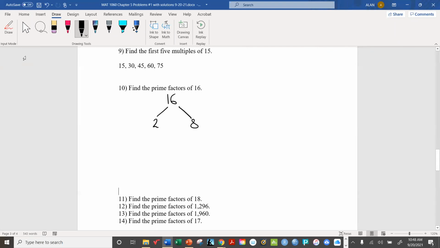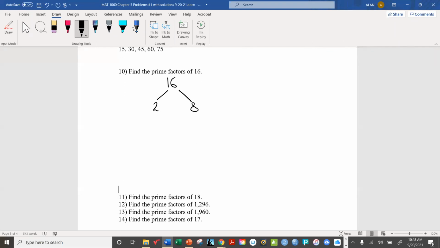Now, since 8 is not prime, we're not done. This becomes 2 times 4. And since 4 is not prime, we're not done. Okay, but now we're done because all we have at the bottom here are 2's, which are all prime numbers.